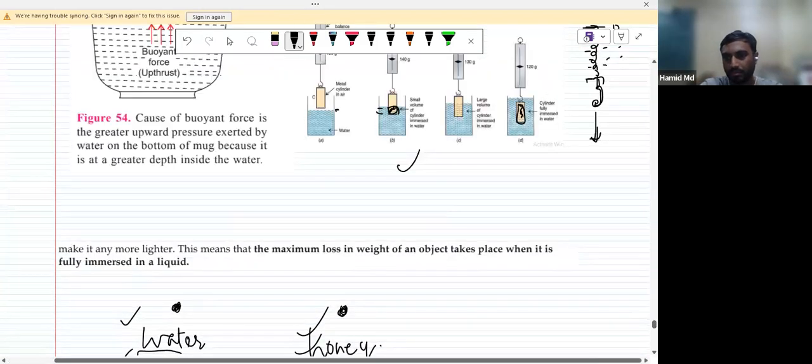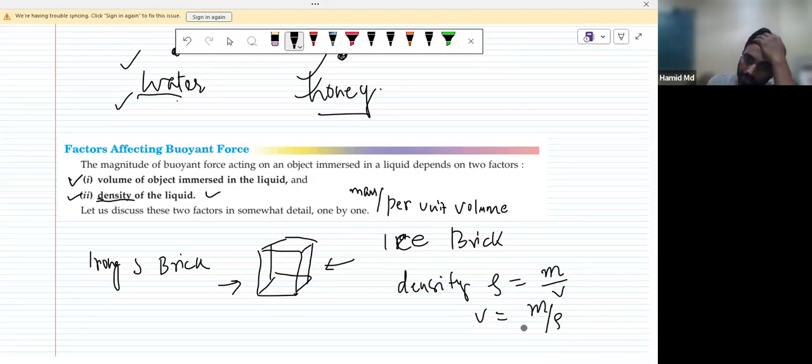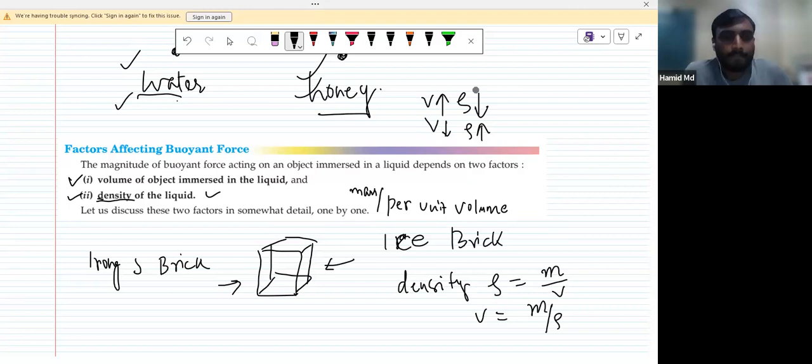So we see that volume is inversely proportional to density. It means that if V is more, then rho is less. If V is less, rho is more.